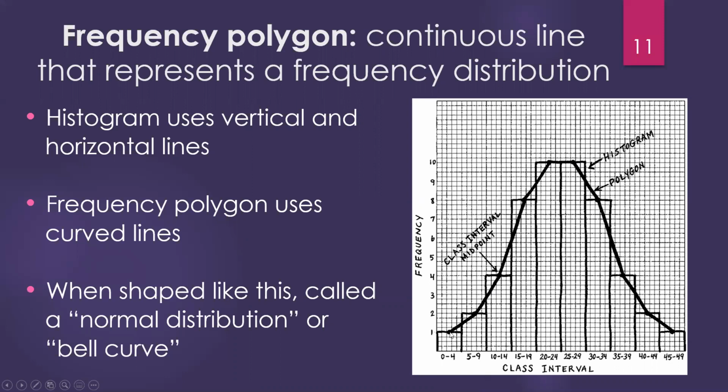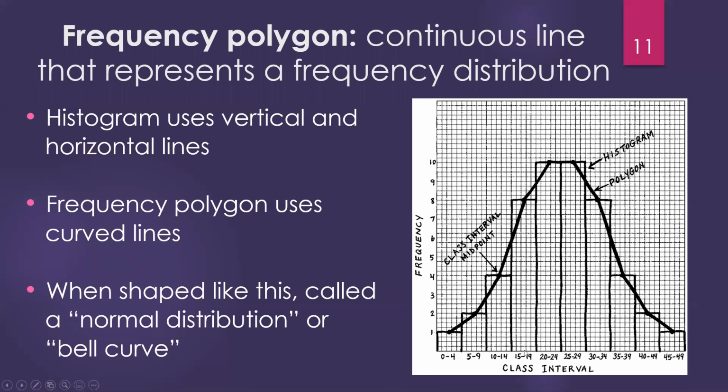So if we know there's only one value on the low end that's between 0 and 4, compared to there's a lot of values up high here in the middle range, and only a few values down here at the higher range, this line here, this curve, is giving us a visual representation of that.